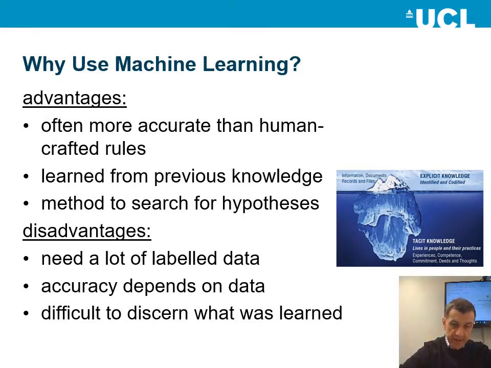So if we're interested in, for example, classifying a set of medical images, so we have one class that contains cancer and one class that doesn't, or if we have a class of patients, one group of whom need to be considered for an intervention, perhaps because they're at risk of being readmitted to hospital, and another class aren't in need of that intervention. Sometimes it's very difficult for us as individuals to identify the differences between these classes, and sometimes it's very difficult to identify a rule that can be applied to do that classification.